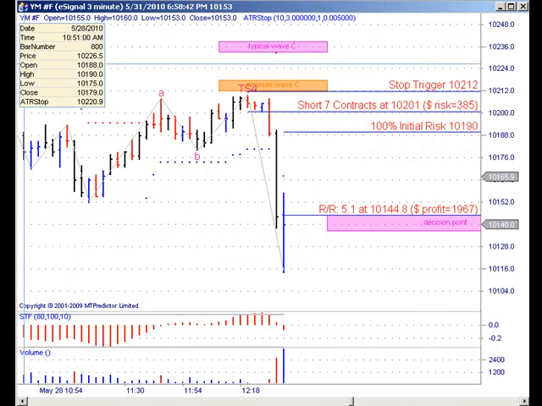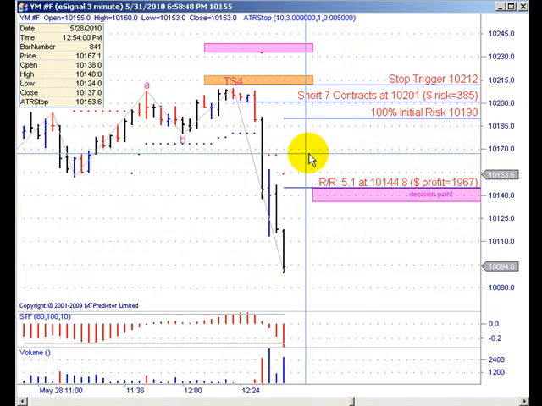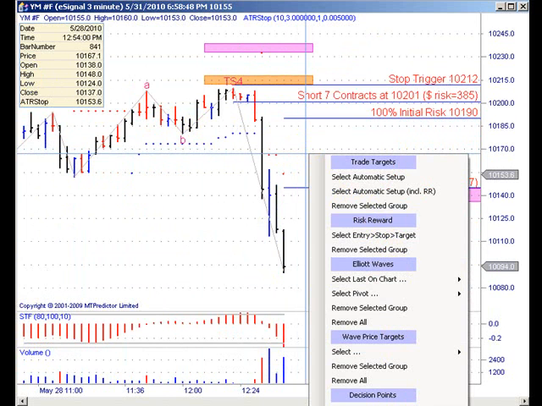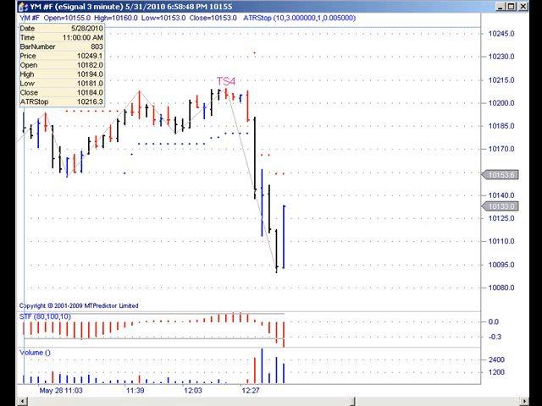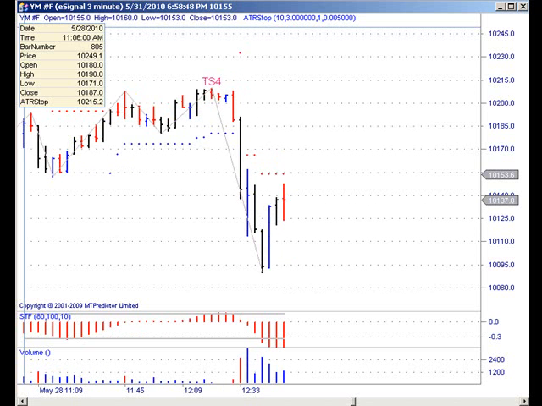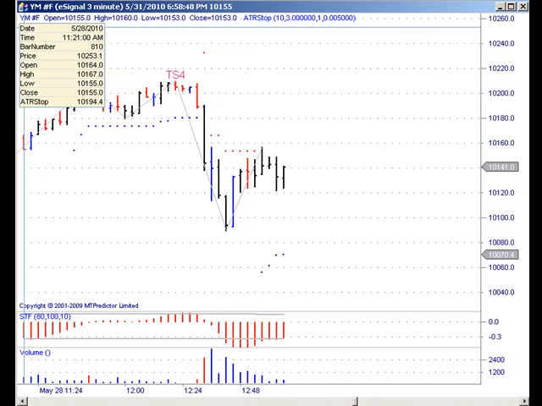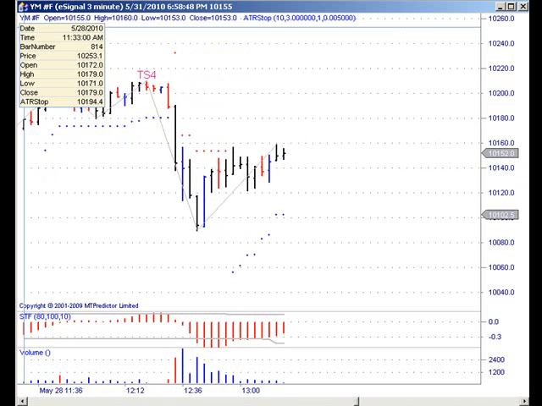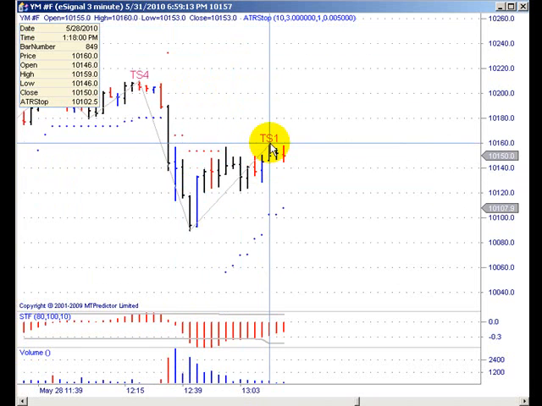But here's the interesting thing that's set up here. I'm going to take this analysis off here. So after that trade was complete, we get another TS1 that's set up here.